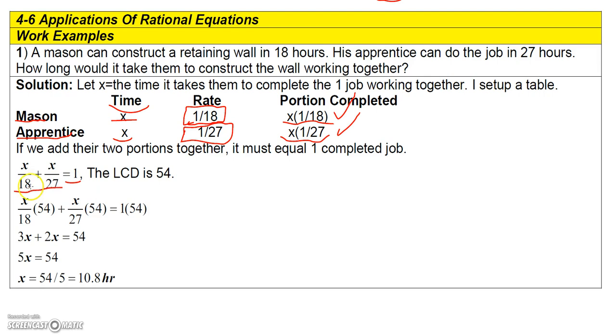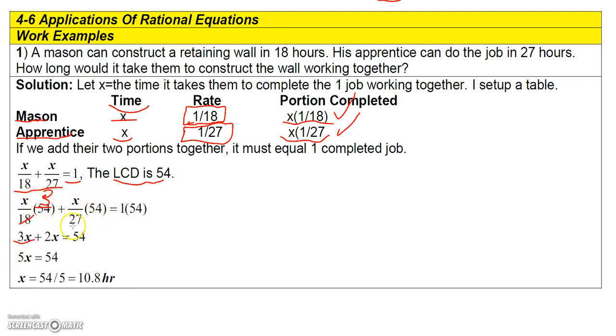Now to solve this, 18 and 27 will both divide into 54, so the LCD is 54. So we learned earlier that to solve rational equations, you just multiply each term by the LCD. So X over 18 times 54, well, we know 18 goes into 54 3 times, so that would be X times 3, so it's 3X.